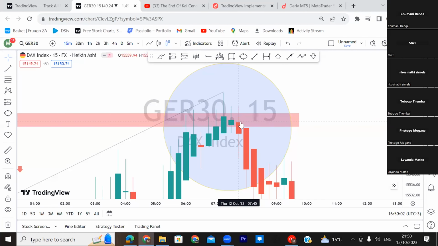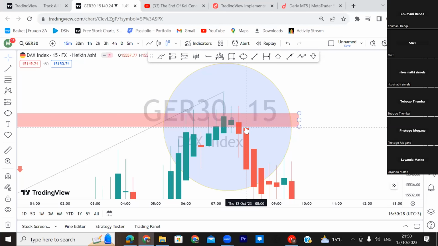So the next candlestick, what do we have? A very nice bearish candlestick, very big in nature. It's bigger than the previous 1, 2, 3, 4, 5, 6, 7 candlesticks. It's bigger than 7 candlesticks that happened before it. So it tells you that it has a lot of momentum to the downside.